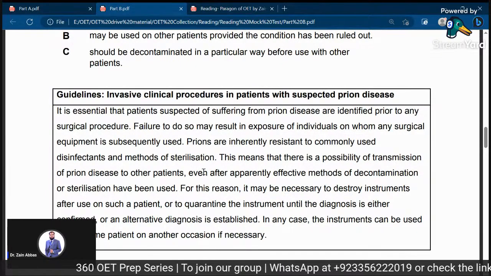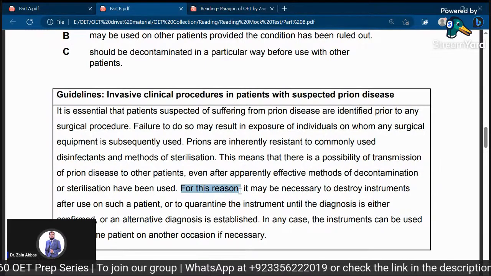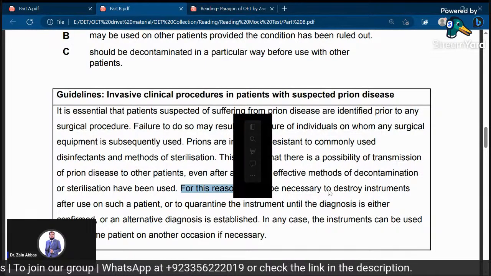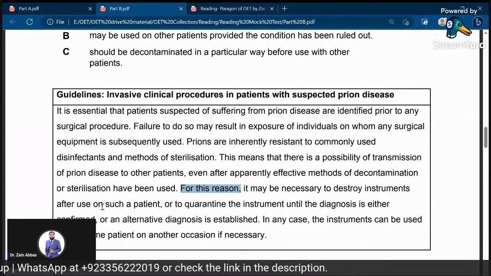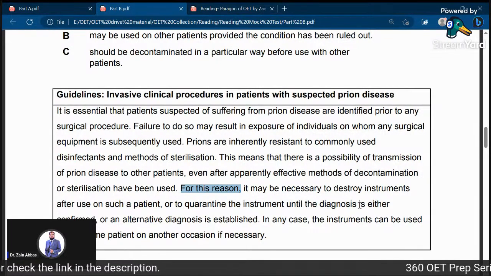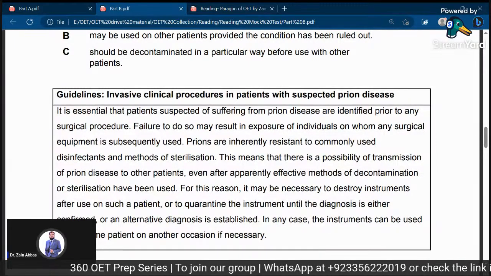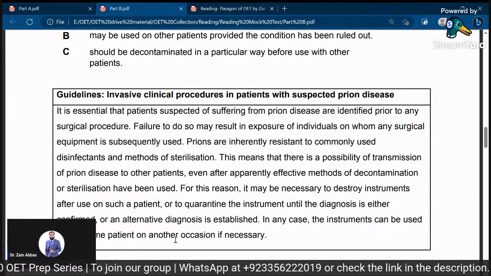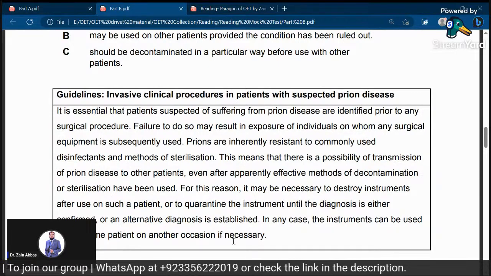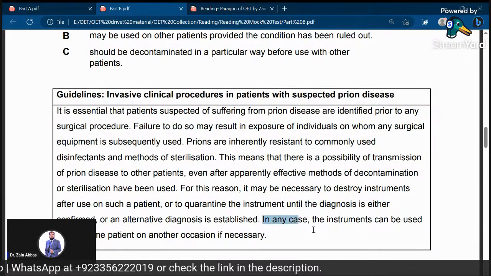So here we have, "for this reason" is the signal word. It may be necessary to destroy the instruments after use on such a patient, or to quarantine the instrument until the diagnosis is either confirmed or an alternative diagnosis is established. In any case, the instrument can be used for the same patient on another occasion if necessary. "In any case" is also a signal word.